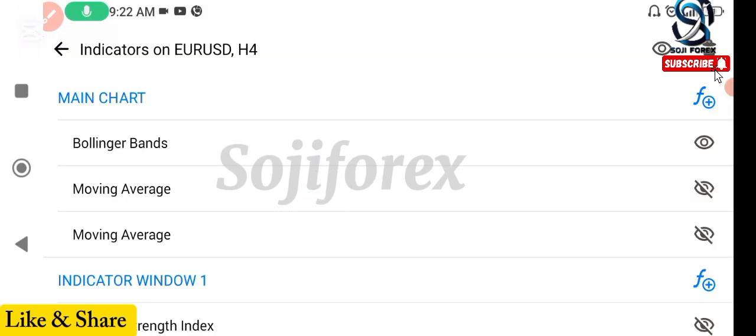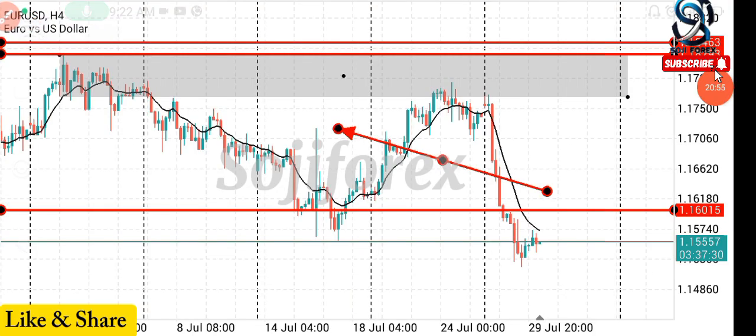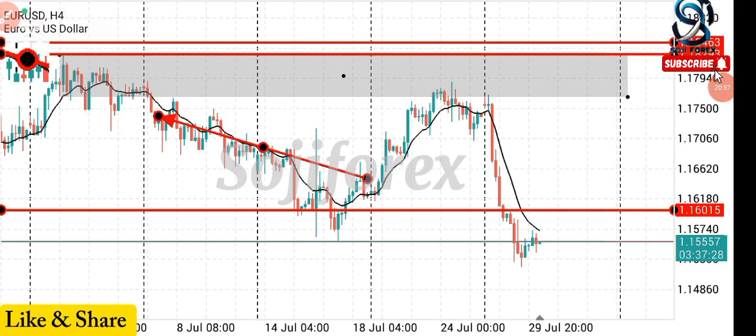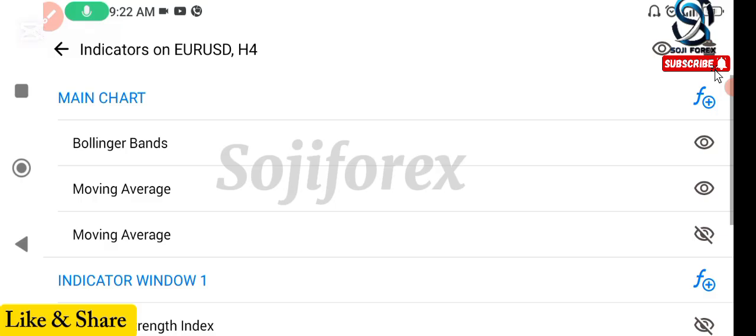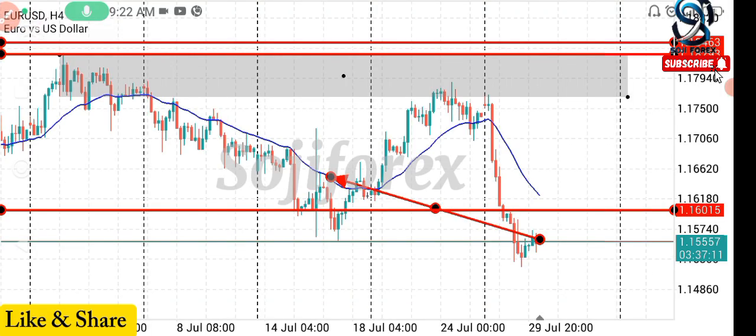I'm sorry, let me bring up my moving average. Let's see whether it will appear. Okay, so now this is my moving average, right? So for instance, if this is the moving average that you are using, this is the right way to go about it.